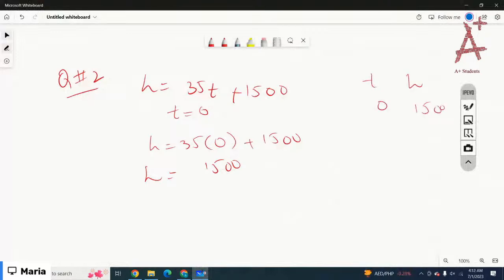When time equals 1, it would be 1535. In this way you can put different values and then plot a graph of the values. So you can have 4 to 5 different values and then plot the values on the graph. Got it?